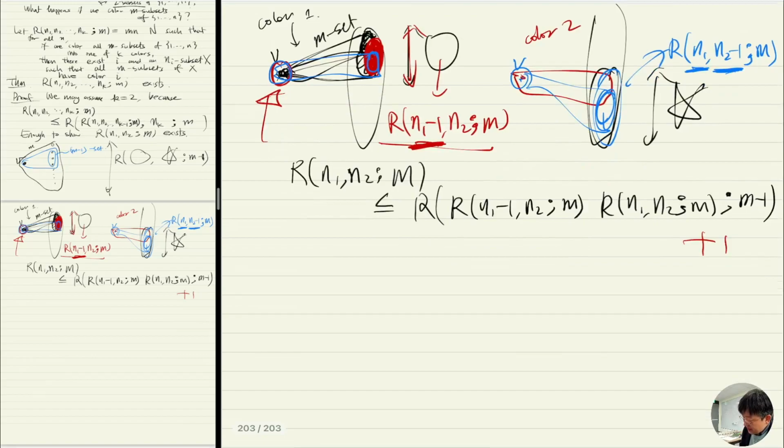And I know by induction that these numbers exist. So I should start the proof by saying induction on, well, not induction, think of the minimum counterexample.